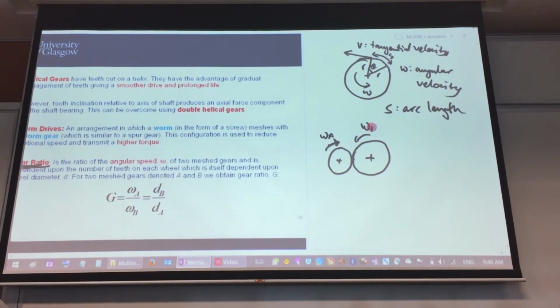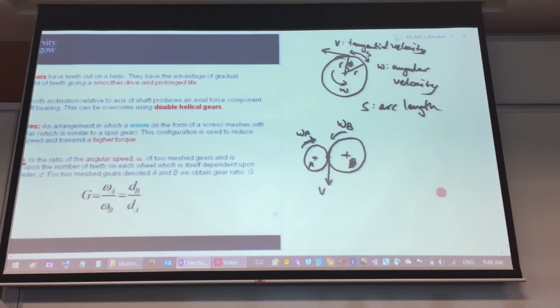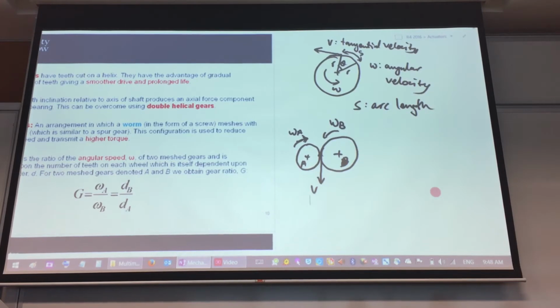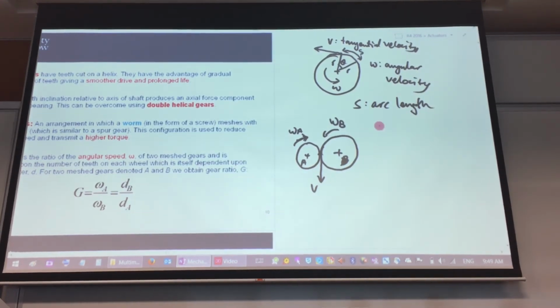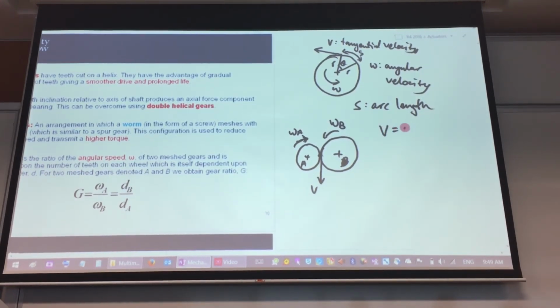So this one will rotate at another angular velocity that's called omega B. Now, I call this A gear, and this one is B gear. You can see that this common point over here will have the tangential velocity that I call V. Now, you may know that tangential velocity is equal to radius multiplied by angular velocity.